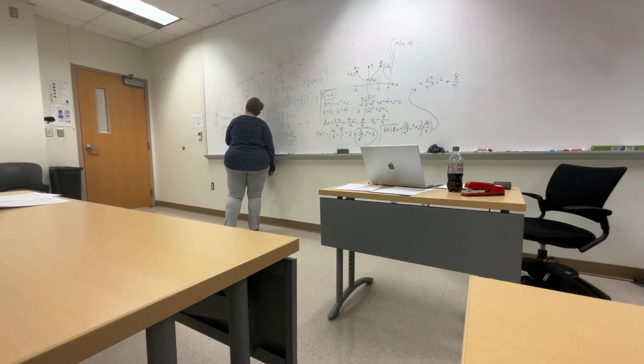Now what? So now we're going to take out the 64 over n cubed and multiply it by the sum of i squared, plus 8 over n times the sum of 1. Good.